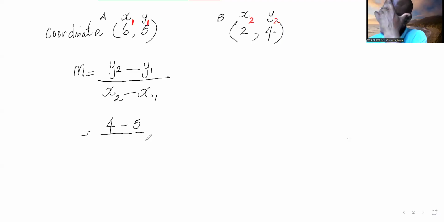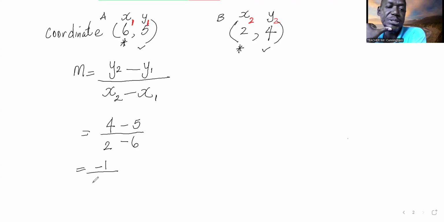So we did the Y's first. Y2 minus Y1. Now we're going to do X2, which is 2, minus X1, which is 6. So it's 4 minus 5 over 2 minus 6. The negative signs cancel off. So M is equal to 1/4.